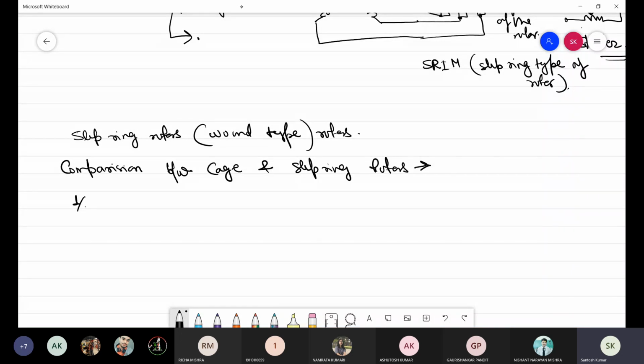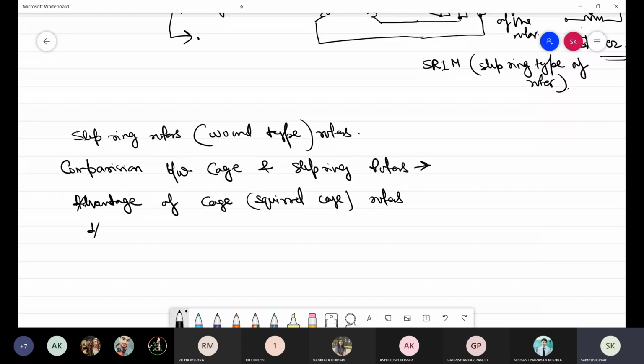Actually we are going to see the advantages of cage rotors. So first we will see the advantage of cage, or you can say squirrel cage rotors, over the slip ring or wound type rotor.